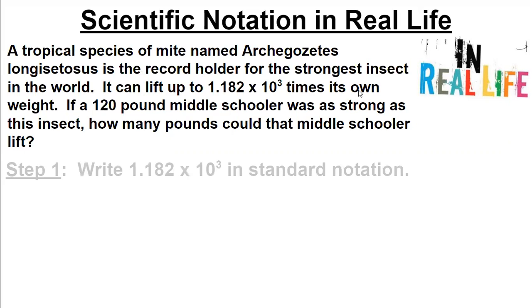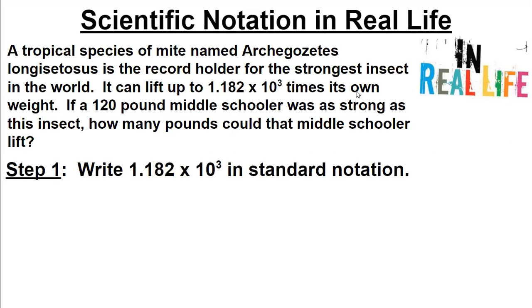So step one is to write 1.182 times 10 to the third in standard notation. How do we do that? Well, we have to get it off of scientific notation by moving our decimal 1, 2, 3 places to the right, because we have a little 3 here, right? So that would end up being 1,182.